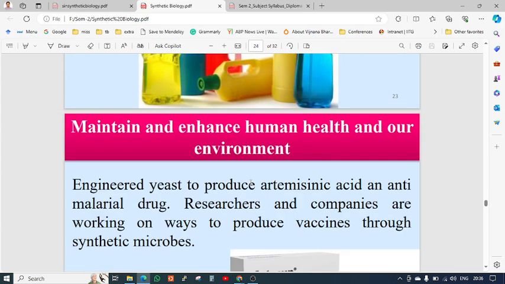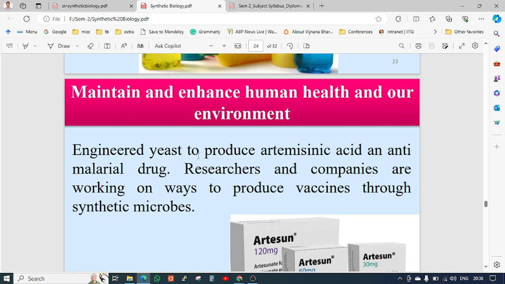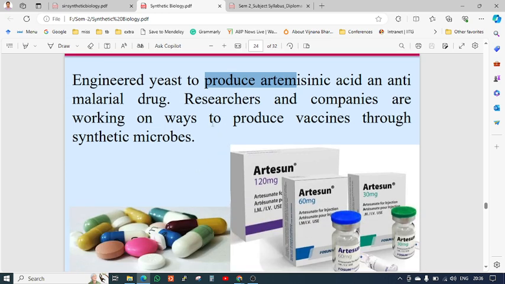Maintain and enhance human health and our environment, for example engineering yeast to produce artemisinic acid, an anti-malarial drug. Researchers and companies are working on ways to produce vaccines through synthetic microbes. Like in coronaviruses, the vaccines can be produced as synthetically designed corona vaccines.